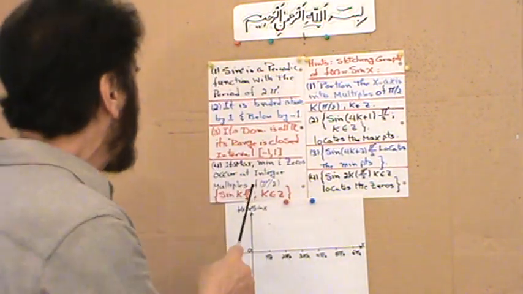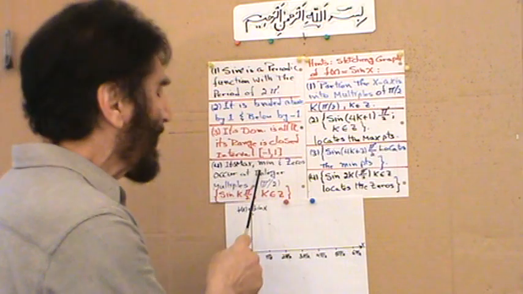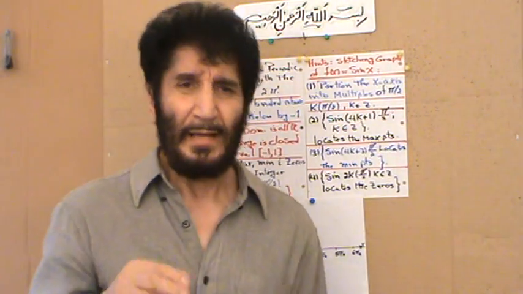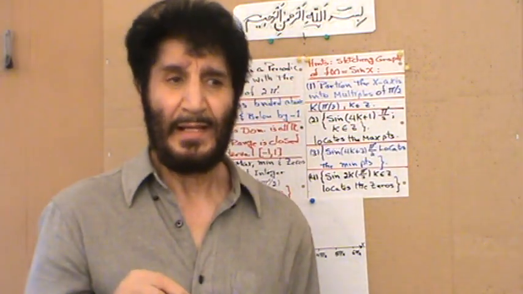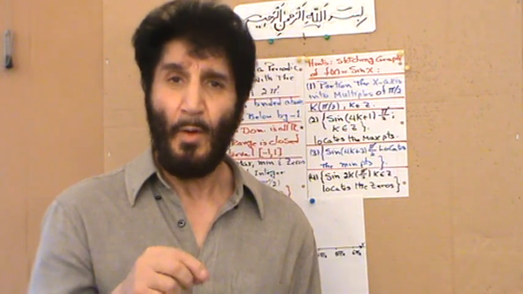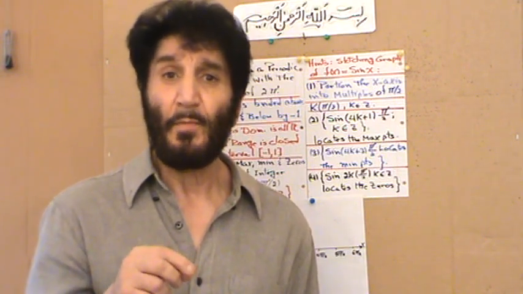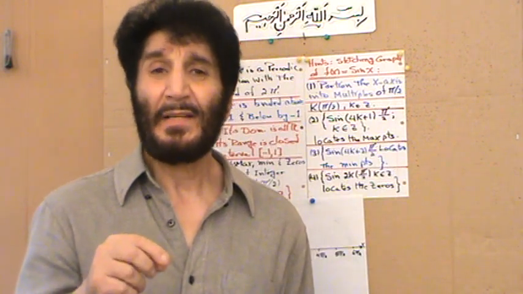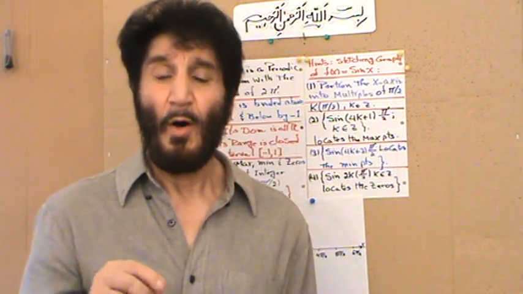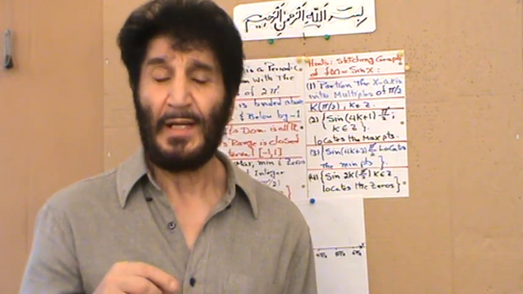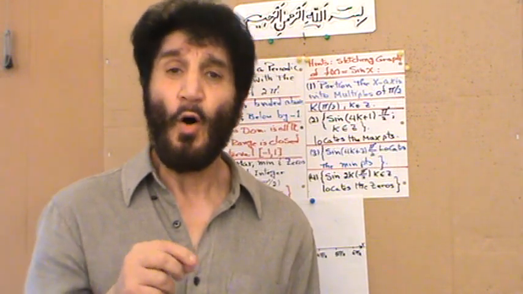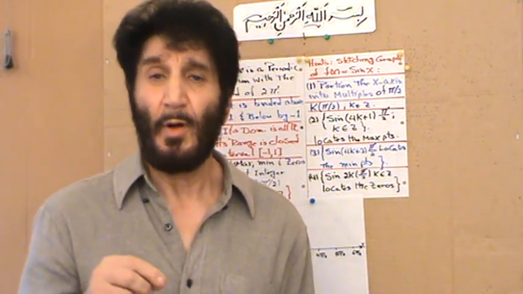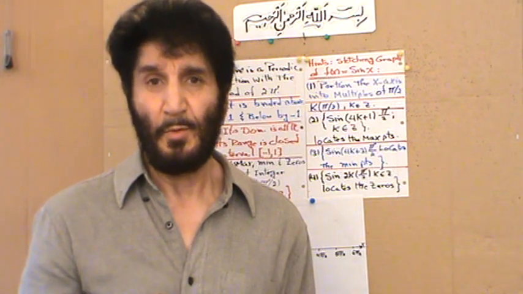And then its maximum point occurs at odd multiples of pi over 2. I repeat myself, the maximum and minimum points of the sine function occur at odd multiples of pi over 2.